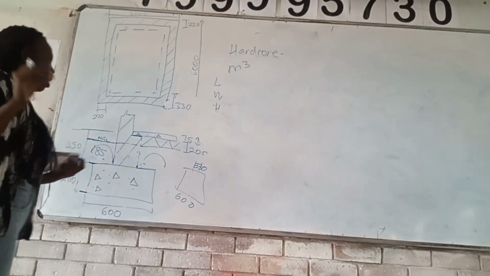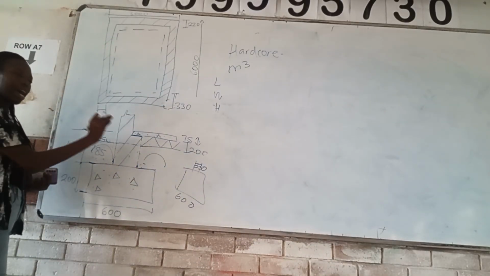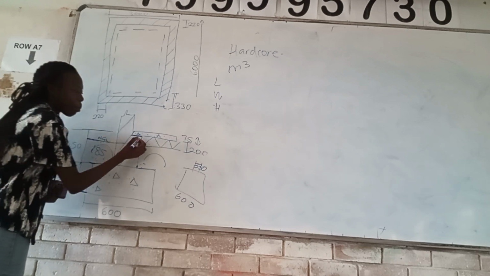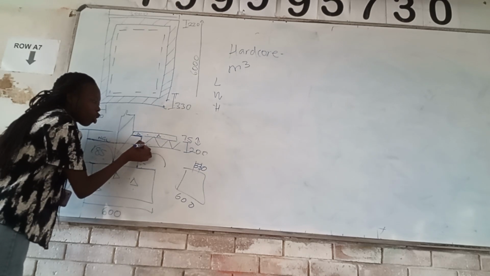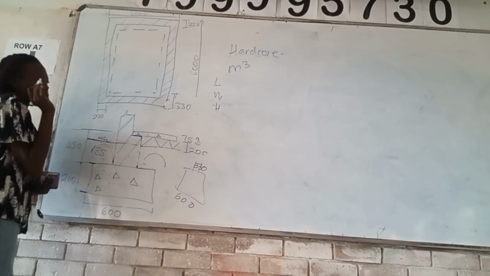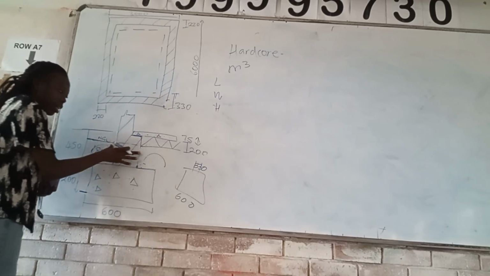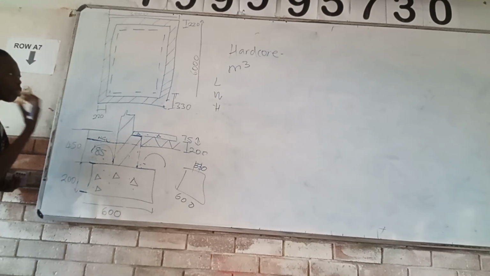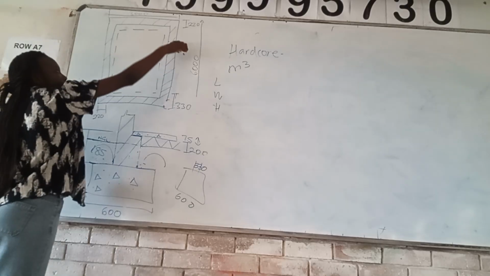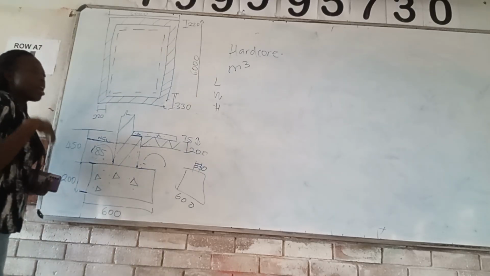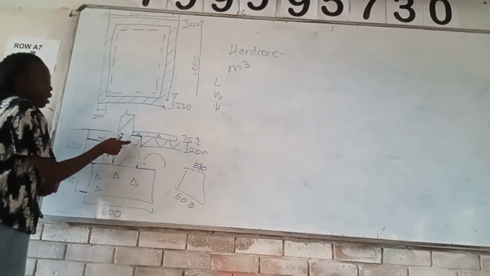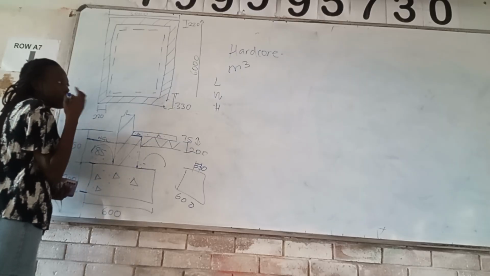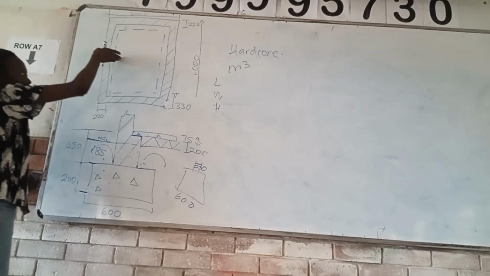When you are dealing with the hardcore, look at the diagram. The diagram is talking to you. It shows you that this hardcore is not including the wall. Which wall? Not the 221, the 331, right here next to it. So you say, I have my length, which is 6,000. On this 6,000, I need to subtract the wall, 330, two times. You're subtracting it this side, you're also subtracting it this side.